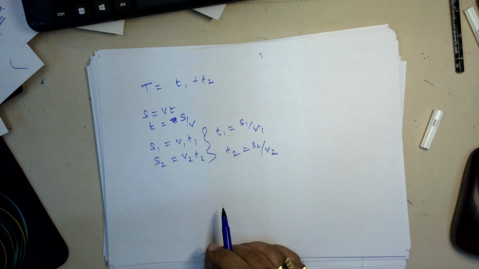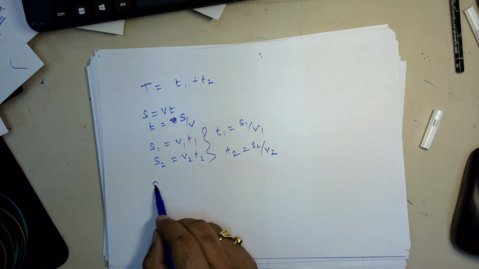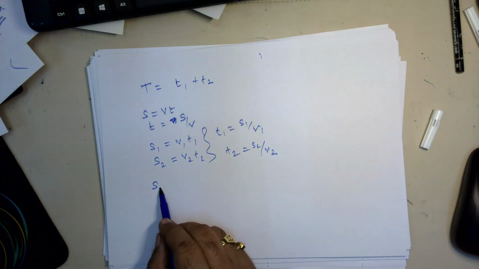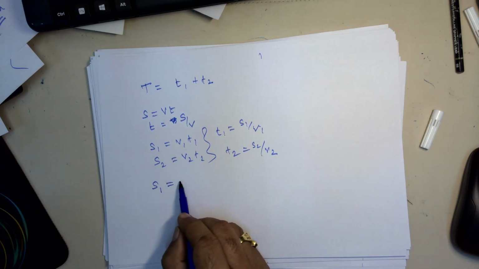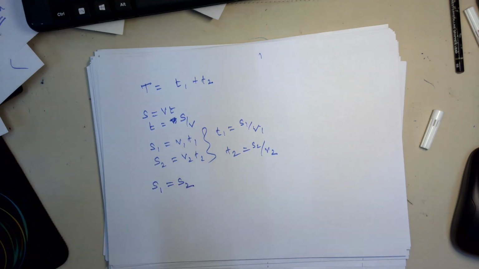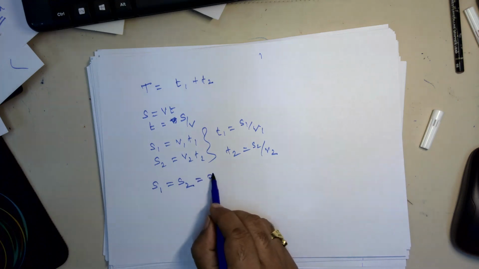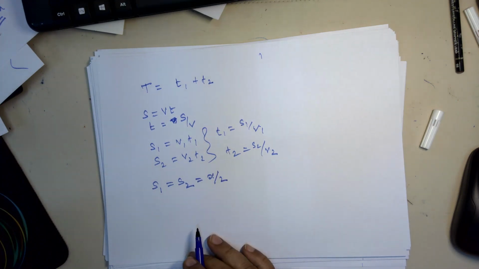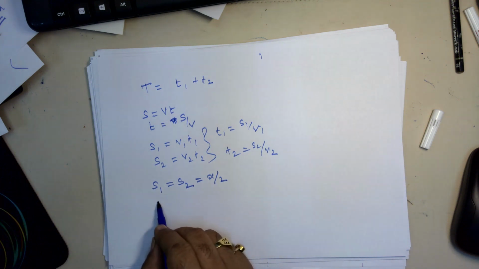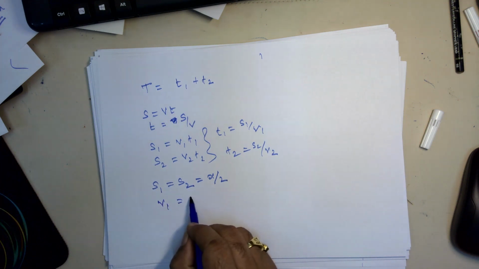Okay, got it? Now S1, listen to me carefully. S1 is equal to S2. Do you know why? Because it is said that half the distance, right? So both of them are equal to x by 2. Got it? And what about V1 and V2? V1 is how much? 40 kilometer per hour.